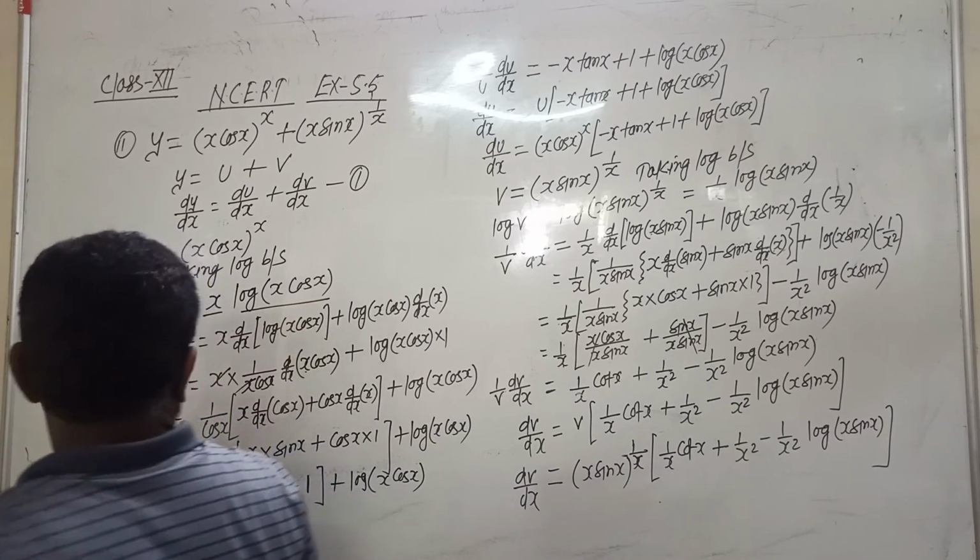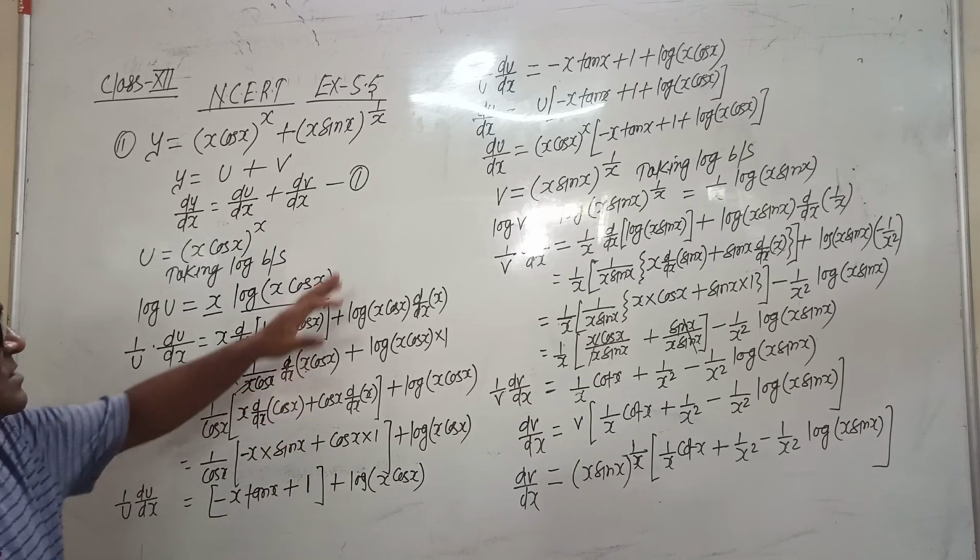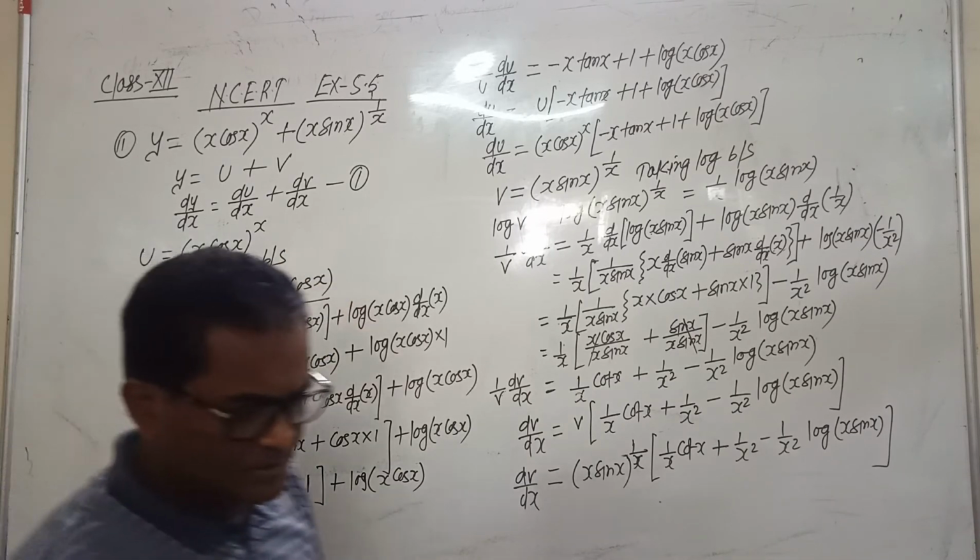Now we have to put the value of du by dx and the value of dv by dx in first number equation.